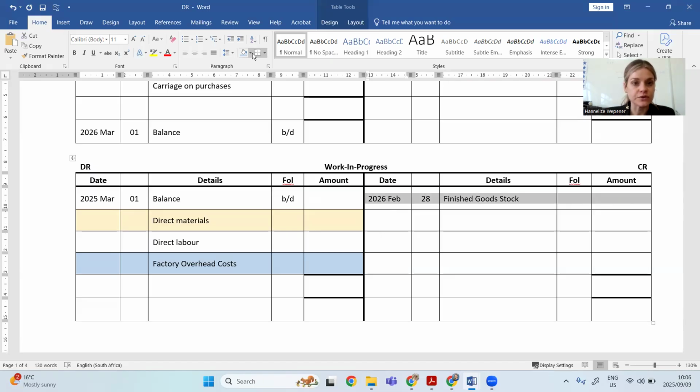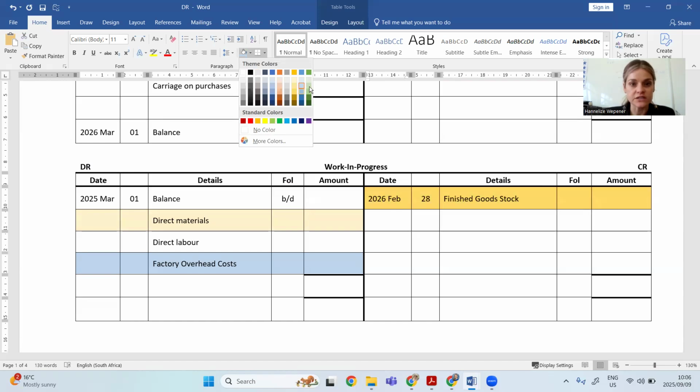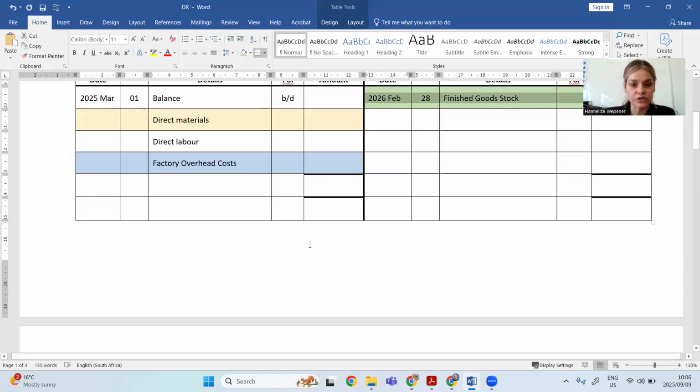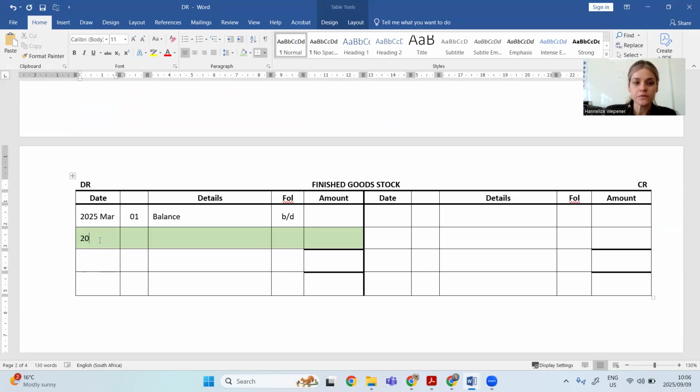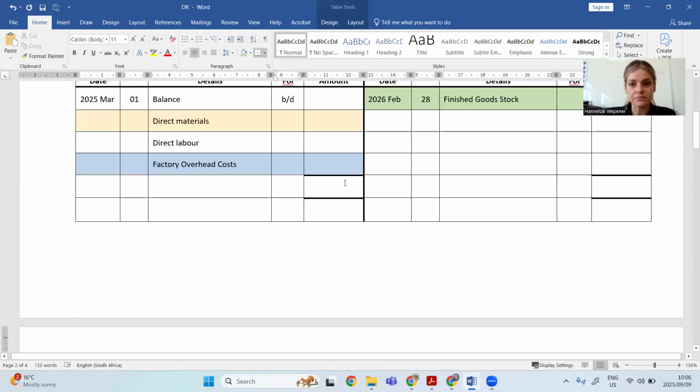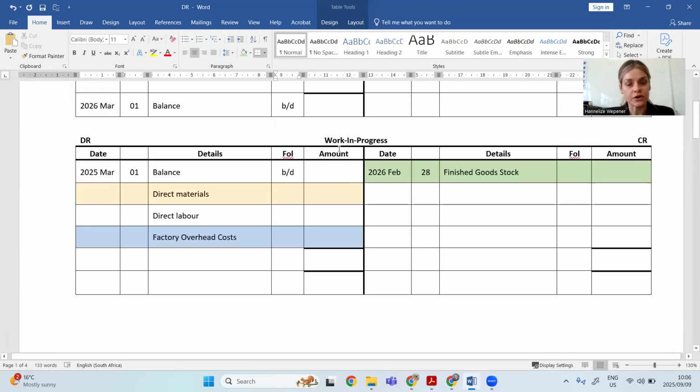And then you're going to transfer this to your finished goods stock, because it's no longer work in progress. You are done with it. So you have now transferred from your work in progress to your finished goods stock, because you are done with the goods, no longer working on it. However, it might be that you haven't finished all of the work that you've been busy with.